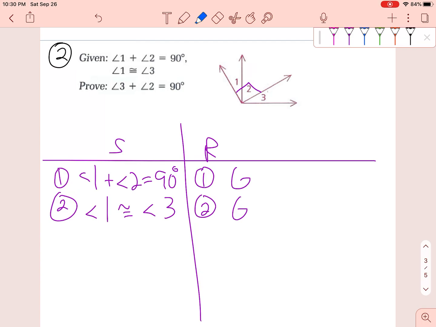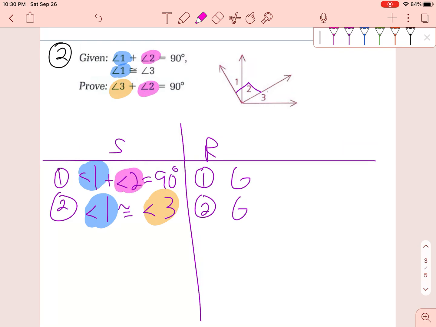Well, if angle 1 is equal to angle 3, then can't I just take out angle 1 and put in angle 3? That's all I'm trying to do here.